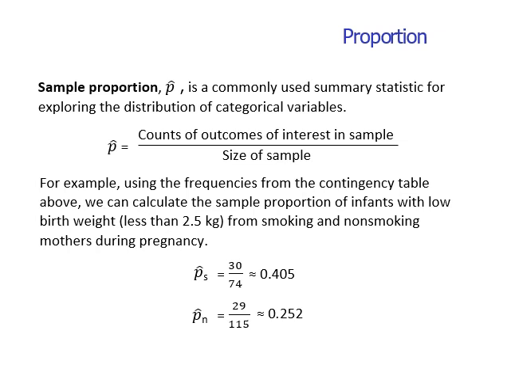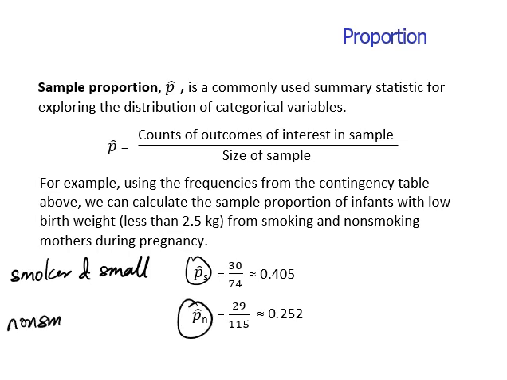So essentially, this is the proportion of smokers and smaller babies. This is the proportion of non-smokers and small babies. So we have done this calculation already. We will not go through it again. If you want, you can go back to your previous slide to look at it.